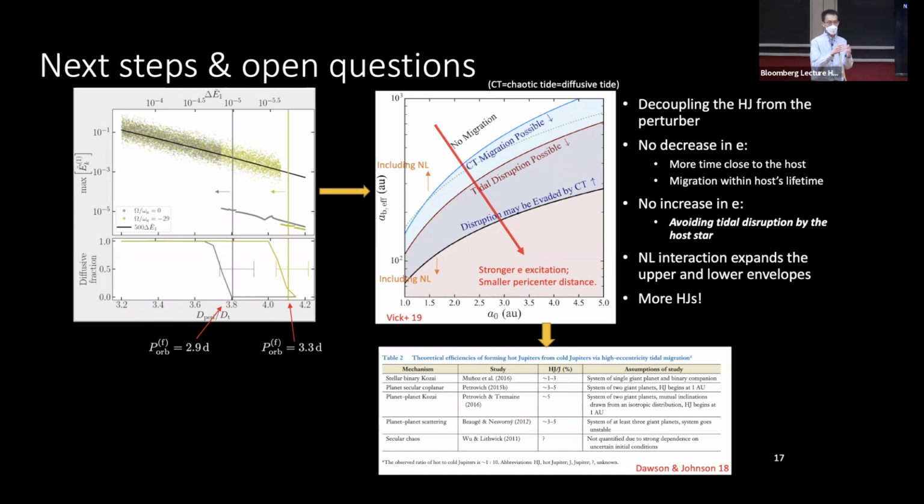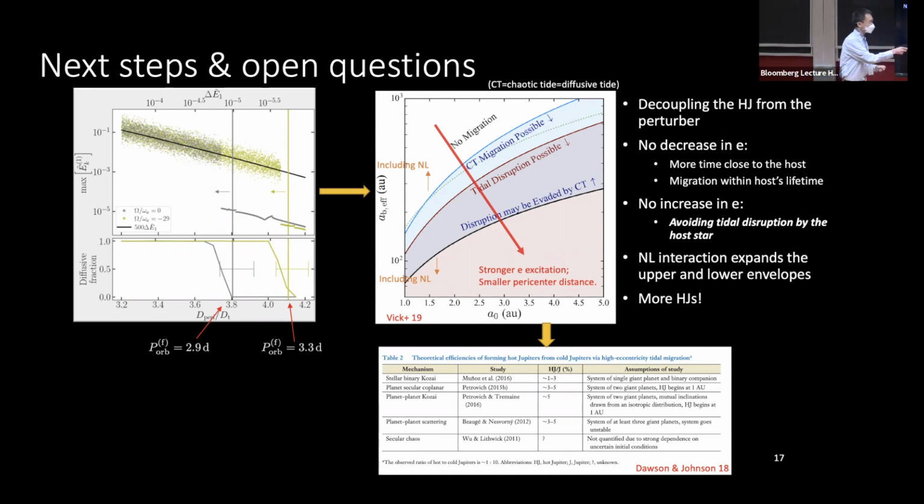So once the planet gets excited to a highly eccentric stage, the eccentricity stays there and doesn't oscillate back due to the Kozai effect. This allows the planet to spend more time close to the host star, which slightly enhances the tidal dissipation. So in the end, this gives the planet enough time to migrate within the lifetime of the host star.